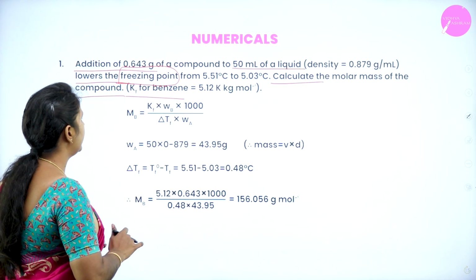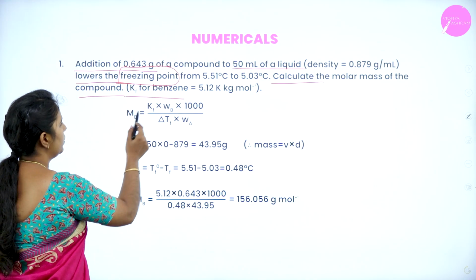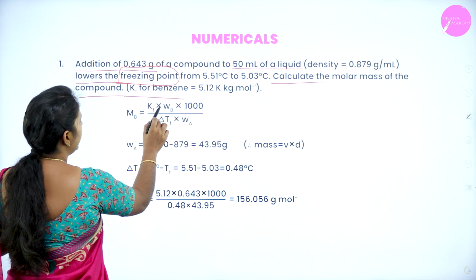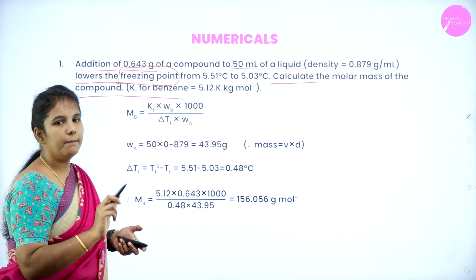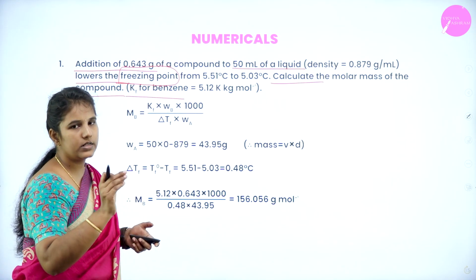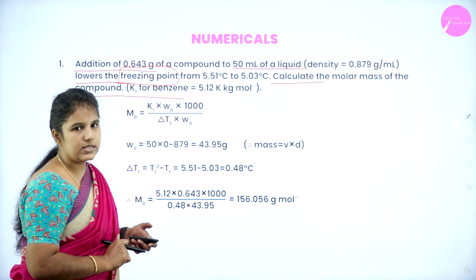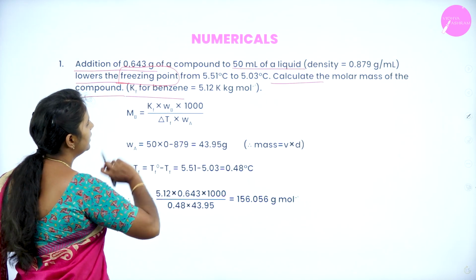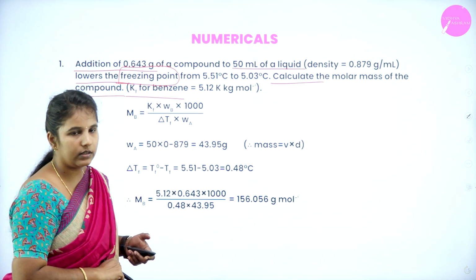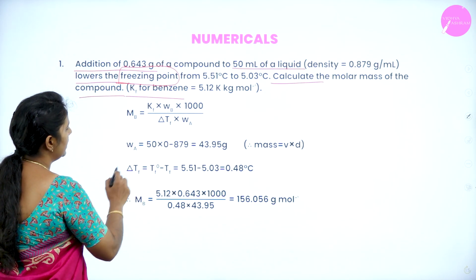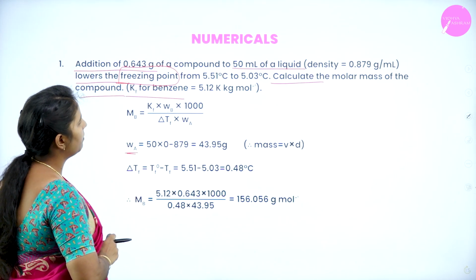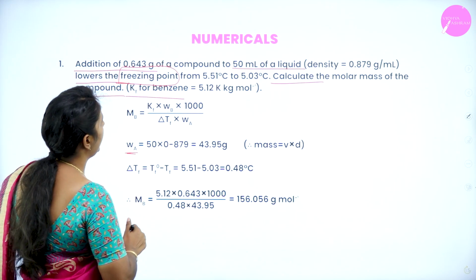That can be calculated by MB equals Kf, which is the proportionality constant, into WB, which is the mass of the solute, into 1000, divided by delta Tf, the difference in the freezing point, into WA, which is the mass of the solvent. WA is the mass of the solvent, whose volume is given to be 50 ml.